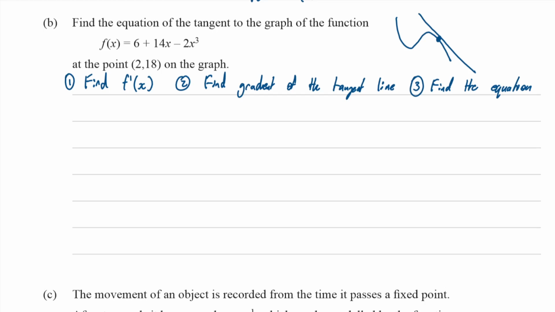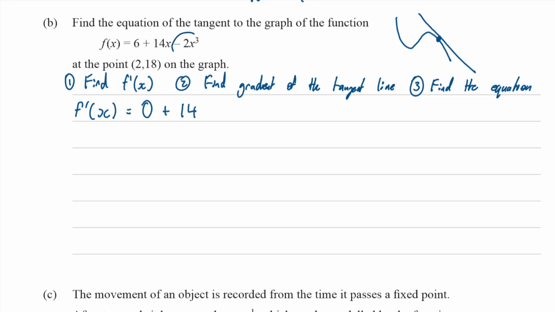So step 1, finding the derivative, f prime of x. So let's have a look. The derivative of 6 is 0, because if we plotted y equals 6 on a graph, its gradient is 0, it's a flat line, so 0. The derivative of plus 14x is plus 14.